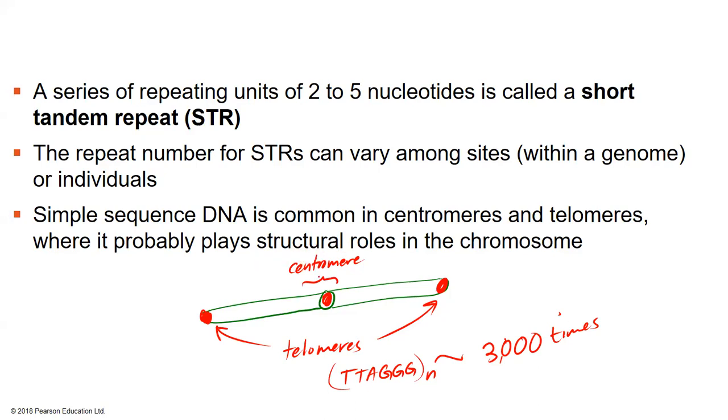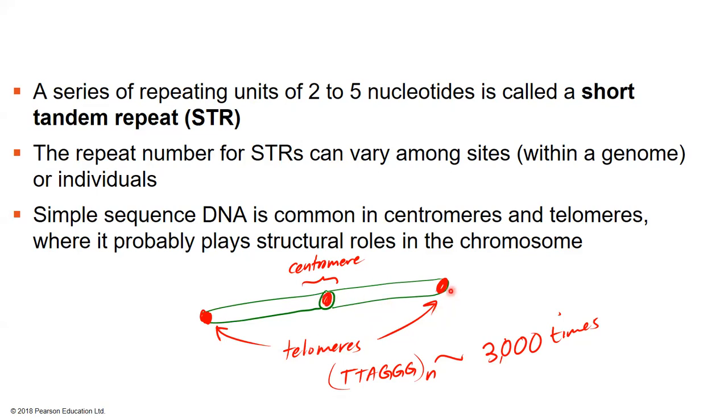We know that the centromere is important for the binding of certain proteins like the mitotic spindle or the spindle fibers during cell division, during mitosis and meiosis. And these telomeres maintain the structure of the chromosome and prevent the damage of genes, because chromosomes become shorter and shorter after each cell division.